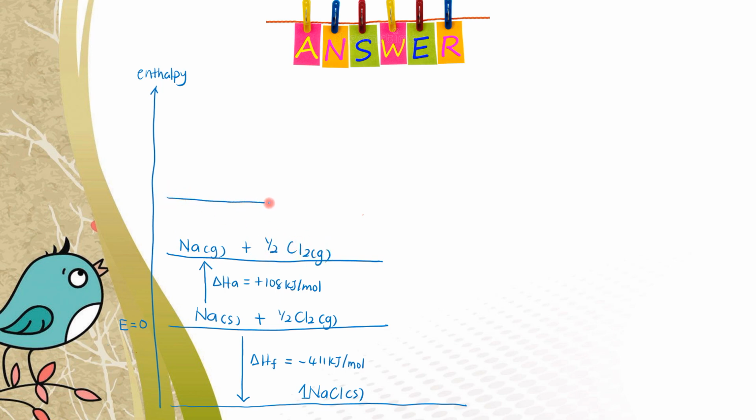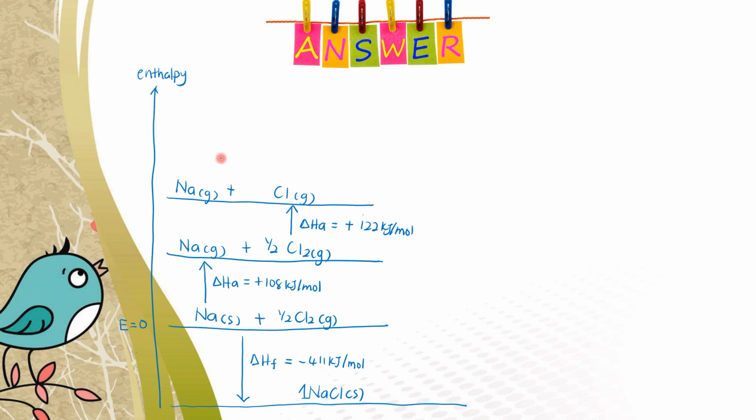Right, next we move to the atomization of chlorine. Draw another platform like this. And then arrow upwards from Cl2 and label delta HA positive value. That's why arrow upwards. Alright, so for sodium, atom in gas does not change. Just copy it back. So from half Cl2, now become Cl gas.